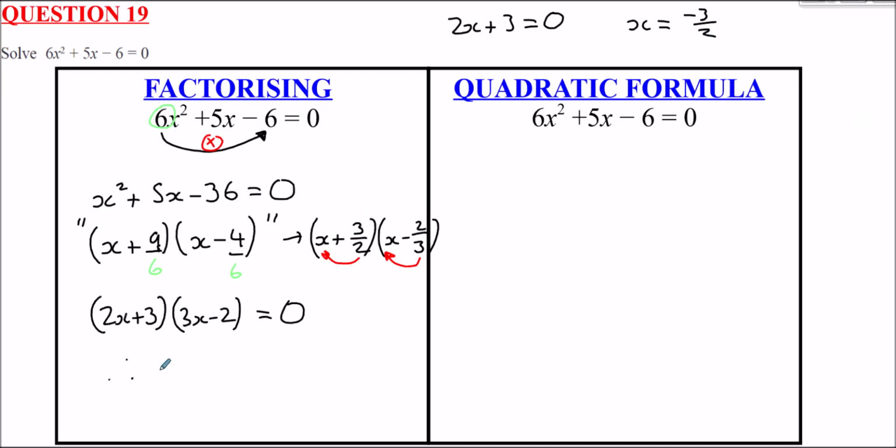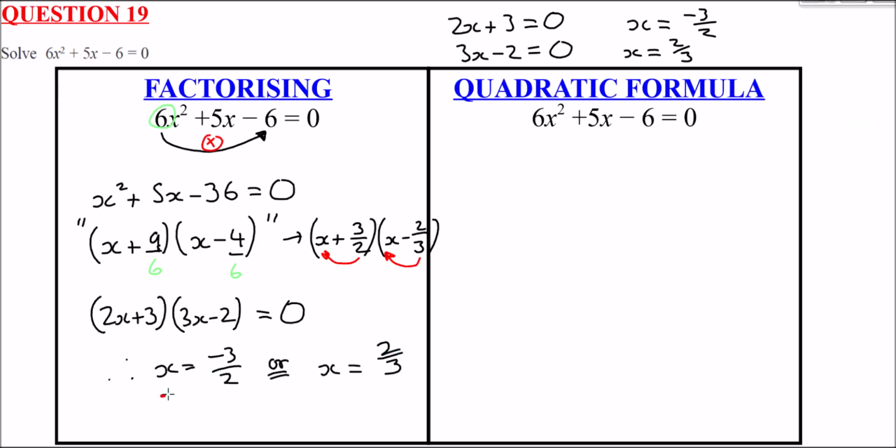So the first solution is x is minus 3 over 2. And the second solution from the second bracket, if I solve 3x minus 2 equal to 0, by adding 2 to both sides, then dividing by 3, we get x is 2 over 3, which you can see here is the same as this value with its sign switched from a minus to a plus. So the two solutions: x equals minus 3 over 2, or x equals 2 over 3.